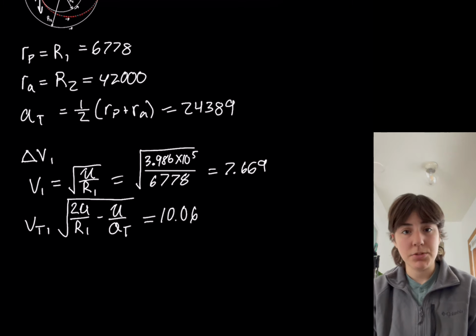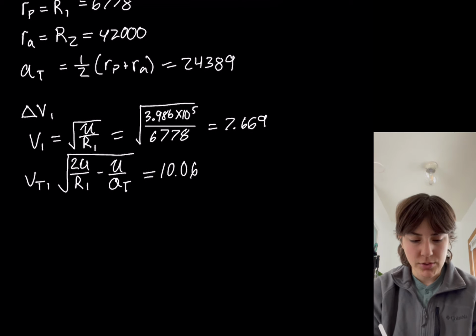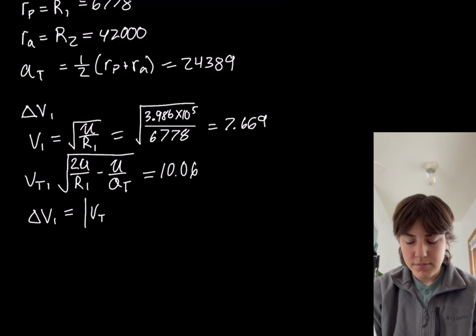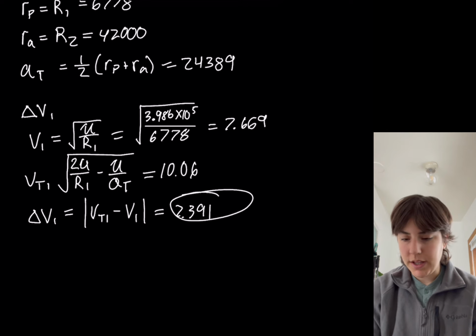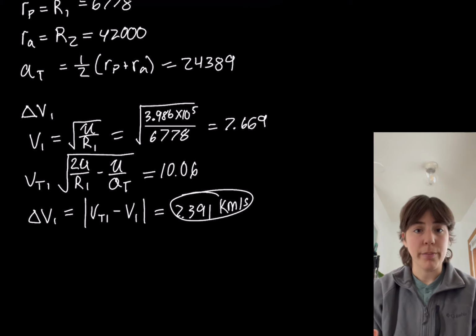Okay, and then we need to subtract them and find the magnitude for the total delta V to get from the first orbit to the transfer orbit. And that would be in kilometers per second. But that's not our final answer. We're trying to find the total delta V needed to perform this maneuver.